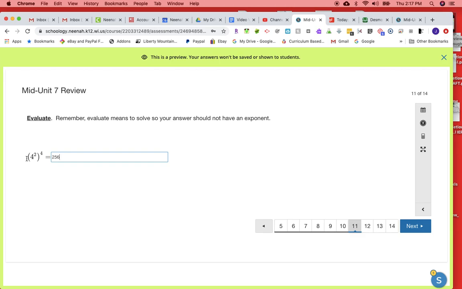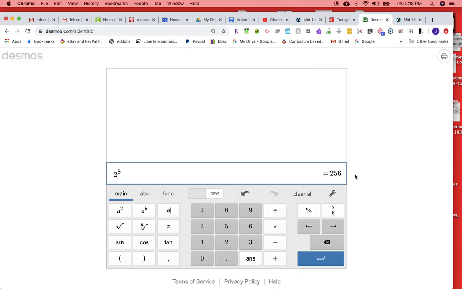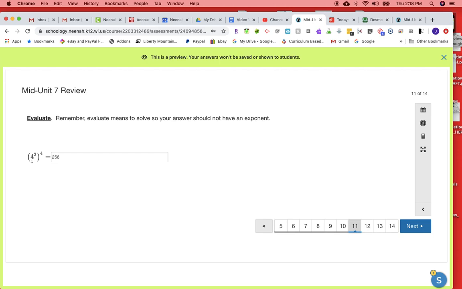The other way, if you wanted to actually put this in, let me show you. If you copy and paste the ones with parentheses, they get a little goofy. If I copy this and put it into Desmos, I want to clear this out. Right now it says 4 to the 2 times 4, essentially. We know that's not right. It should be 4 to the 2nd power inside parentheses, and then the outside, there's a 4.